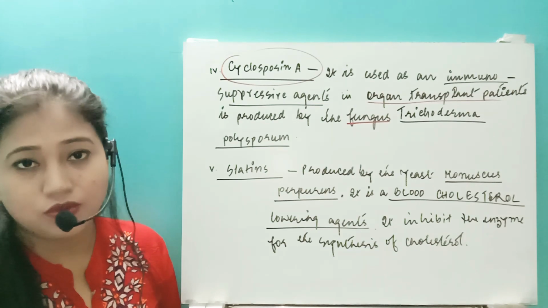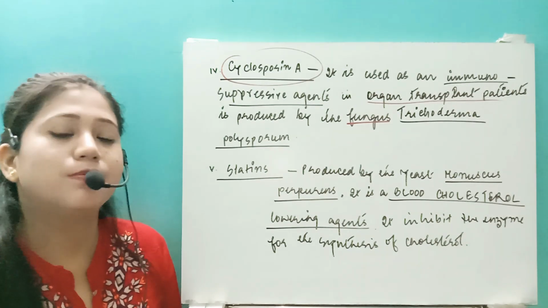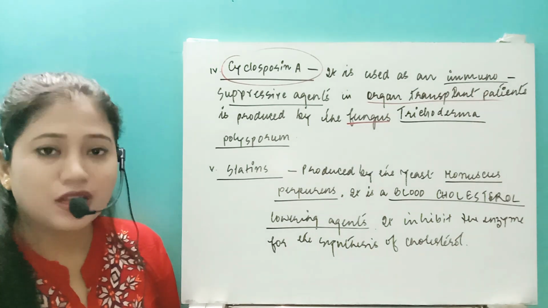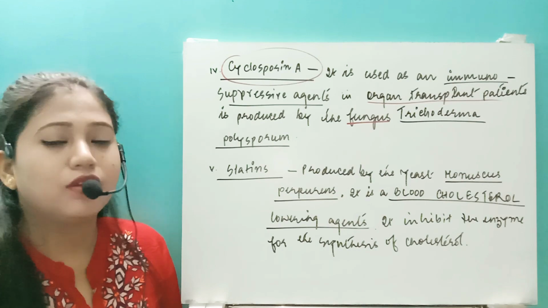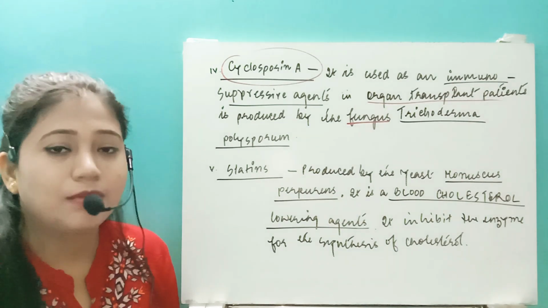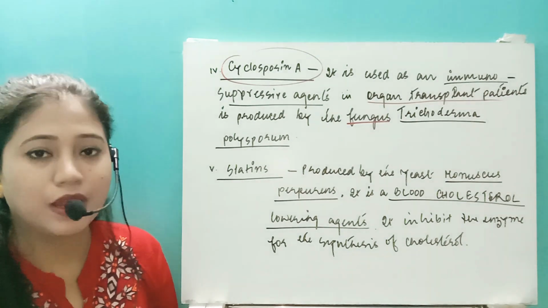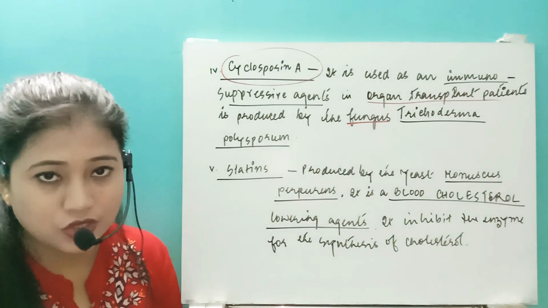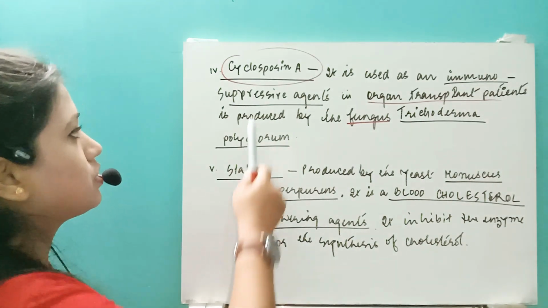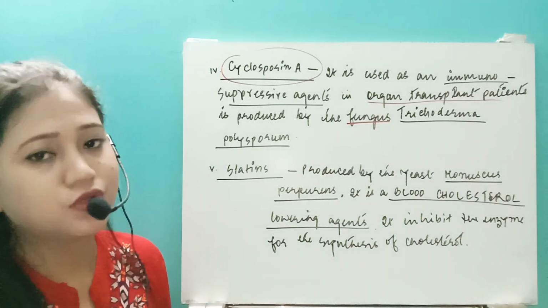But we don't want to remove that organ. So for a time period, while the new cells grow, we need to deactivate the immune system so that the organ can be accepted. For patients who have transplantation, we need cyclosporine A, which is an immunosuppressive agent.